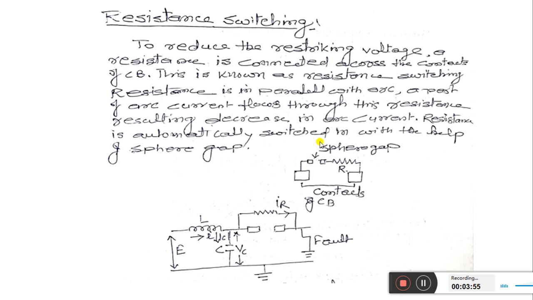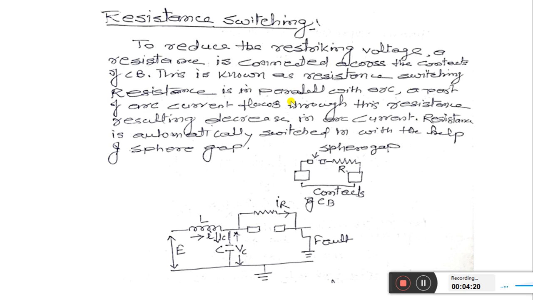So what has been told here in resistance switching is that, to reduce the restriking voltage, a resistance is connected across the contacts of the CB. This is known as resistance switching, since we are connecting a resistance across the circuit breaker contacts to reduce the restriking voltage.